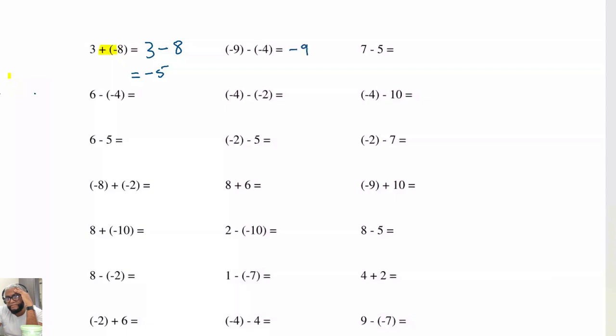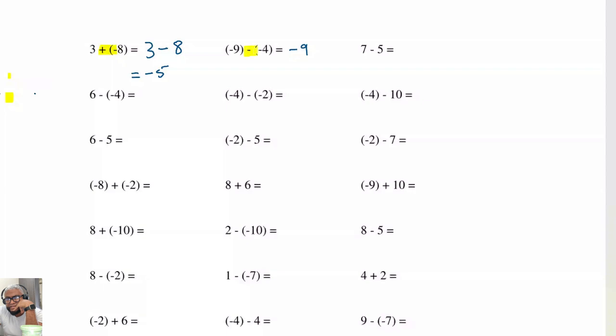So I'm going to put the negative 9, but this minus and minus between the 9 and the 4, those two minuses become a what? I'm not hearing you properly. I said it's negative 9, and then this minus, I'm going to highlight it.